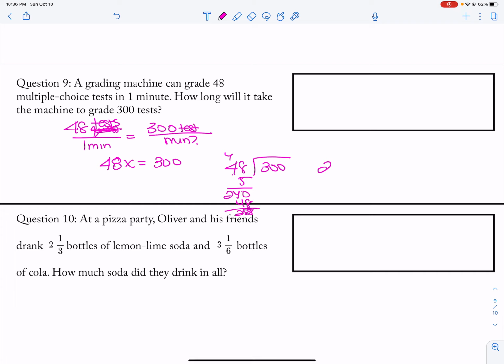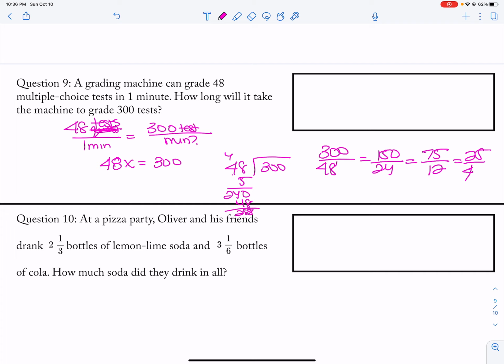Both divisible by 4, so hold on, let's do it this way. 300 divided by 48. We can reduce by 2, that gives us 24 over 150. Reduce by 2 again, and that gives me 75 over 12. Reduced by 3, that gives me 25 over 4.